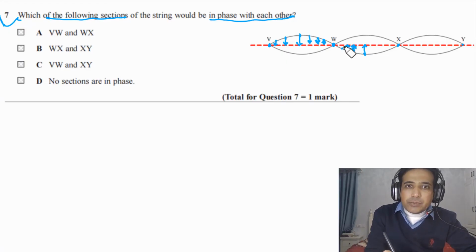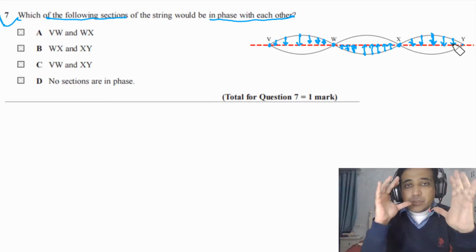If I take any particle here, the amplitude will be equal to this much. The amplitude of this one will be equal to this, and of this one will be equal to this. And if I look at the particle at this point, this particle will be moving down, this particle also will be moving down, this particle will be moving down, and this particle will be at rest all the time. This particle will be moving down, and this particle will be moving down.